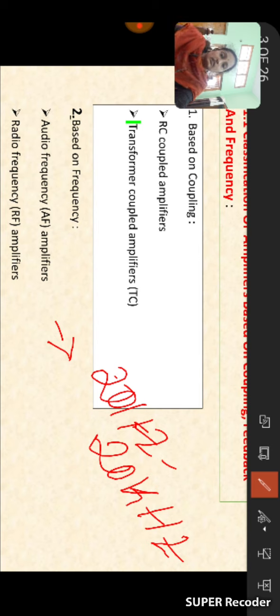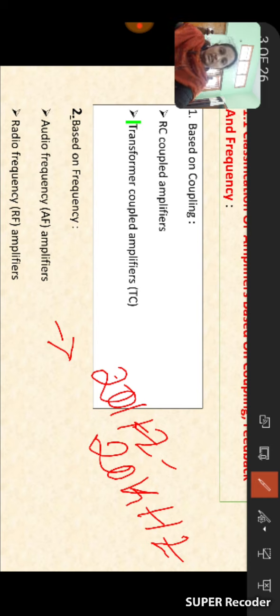Next one is radio frequency amplifiers. These amplifiers are used to increase the strength of weak signals whose frequency is about 20 kilohertz and above.